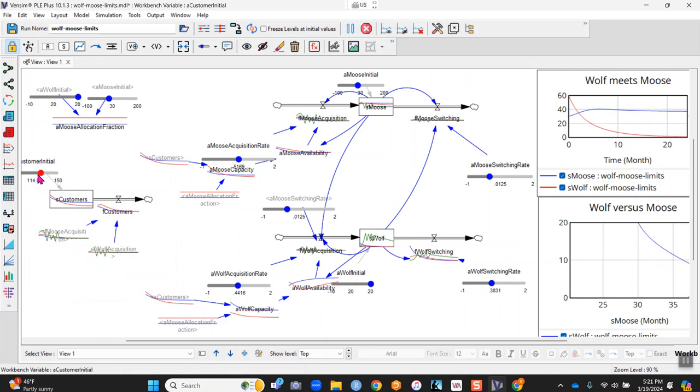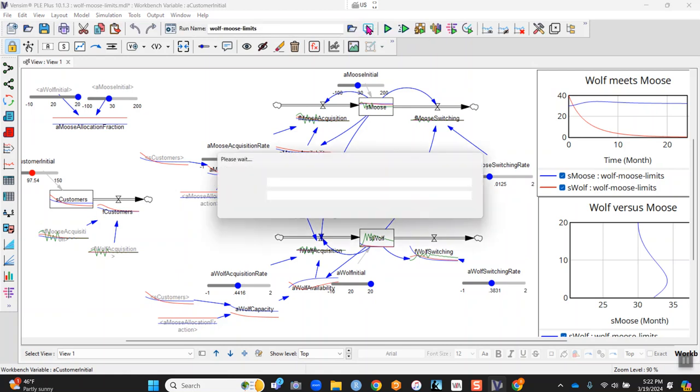And this definitely, because this affects capacity, affects availability, affects acquisition, both, and then they swing around. And so the predators here, yeah, okay. So let's get out of here.